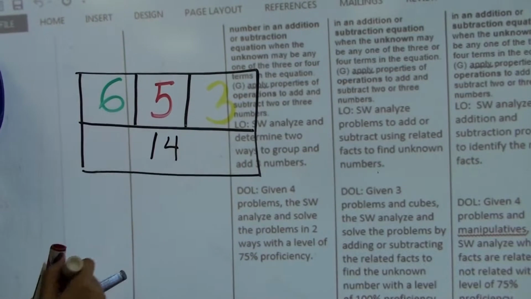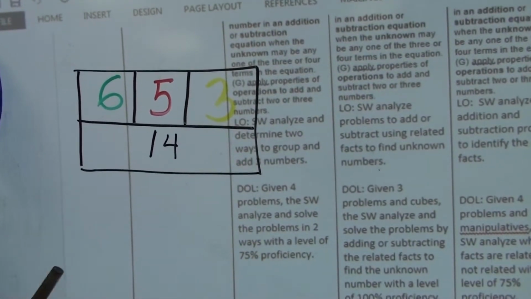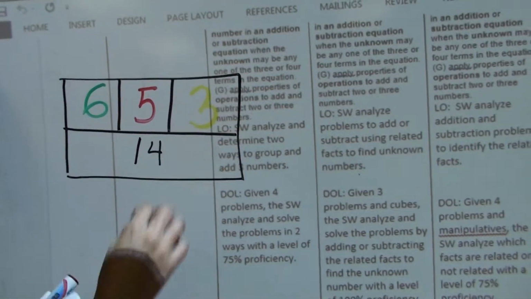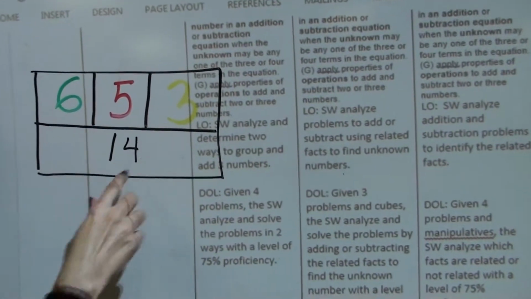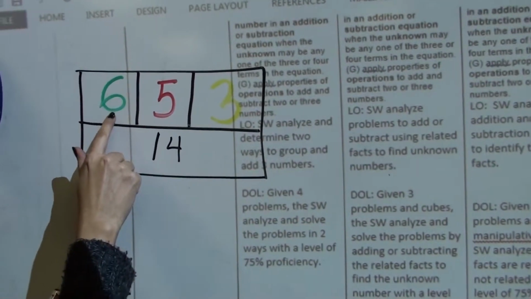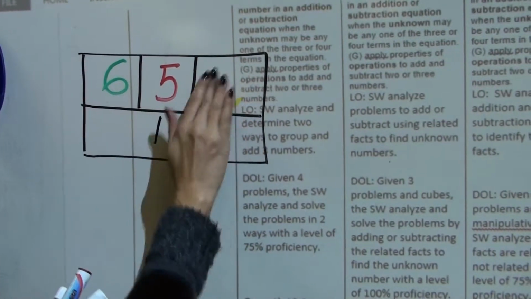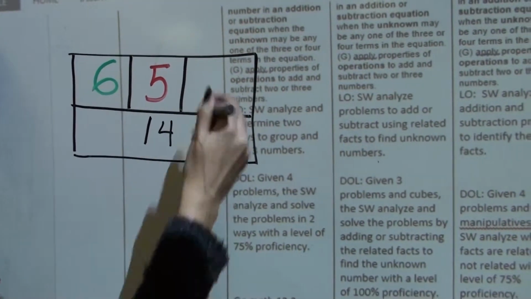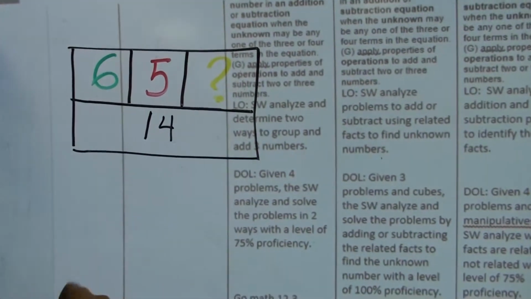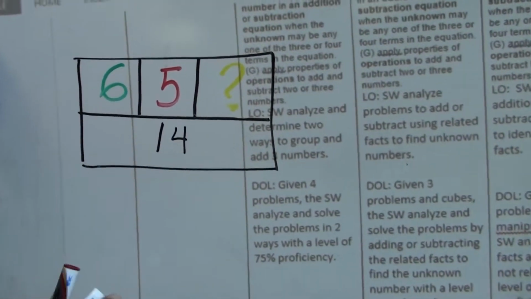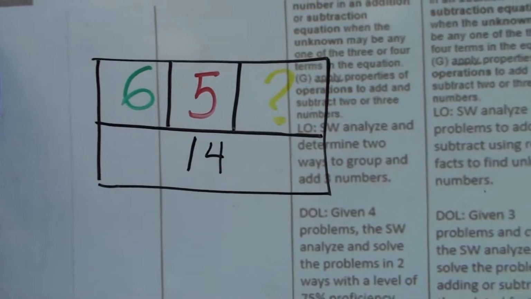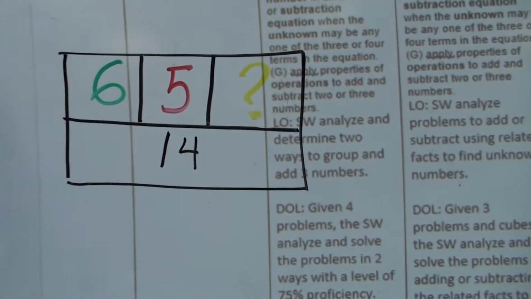So 11, 14. So we're looking for the whole, but sometimes the whole can be absent. They can say I had 14 apples and 6 were green, 5 red, the rest of them were yellow. So they can see that it's still a missing part, and that's what I was showing them, that they can do with the picture.